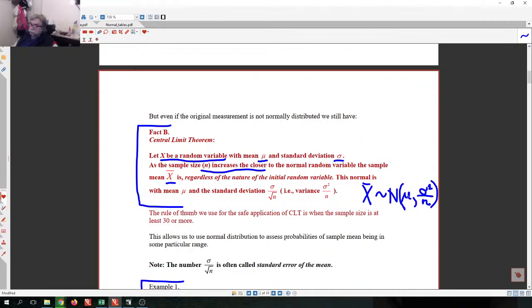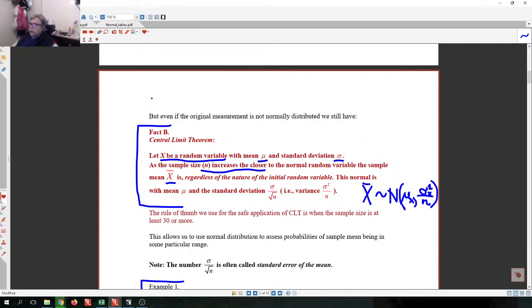Okay, so again, you can write it here. This is the mean of X, and it's also the mean of X bar. This is the variance of X, and the variance of X bar is n times smaller.